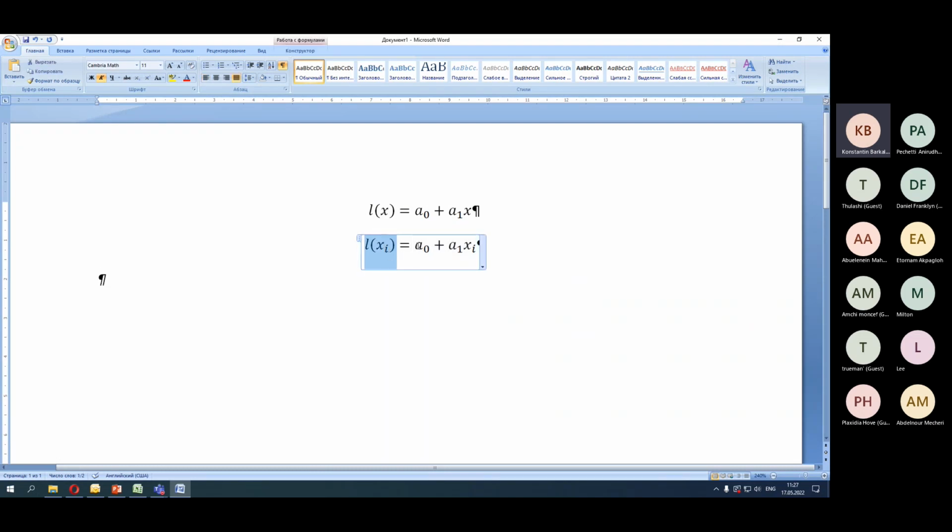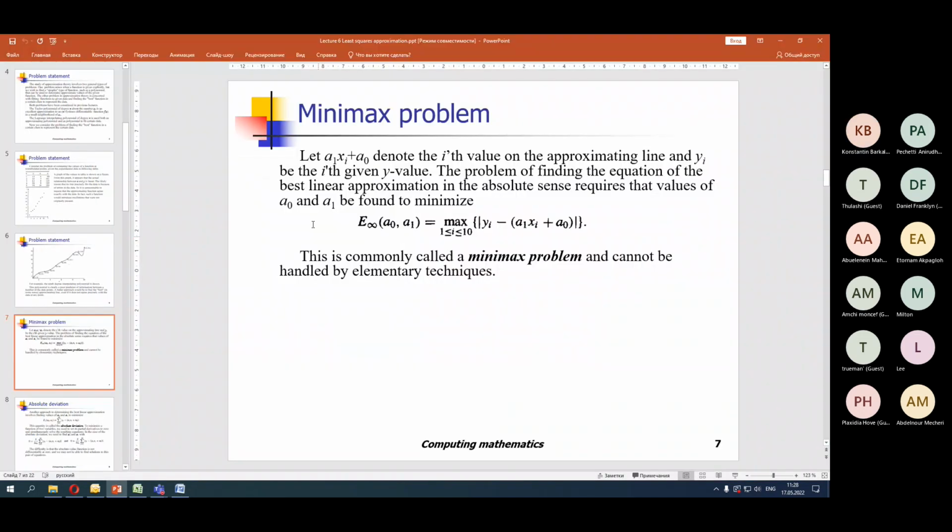L of xi equals a0 plus a1 xi. Let a1 xi plus a0 denote the ith value of the approximating line, and yi is the ith given value of the function.